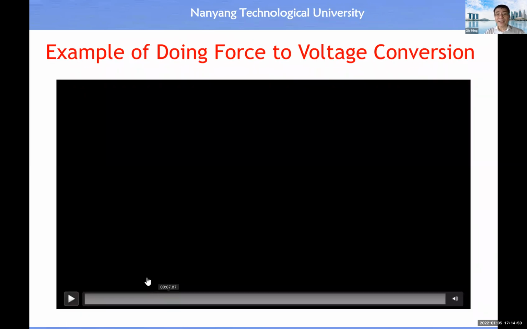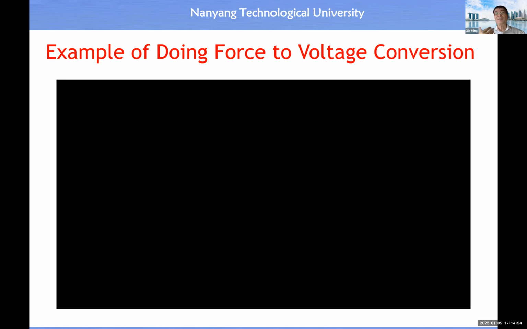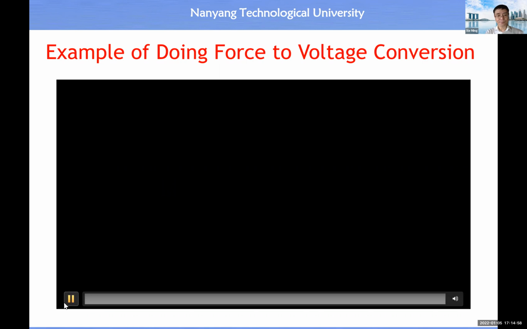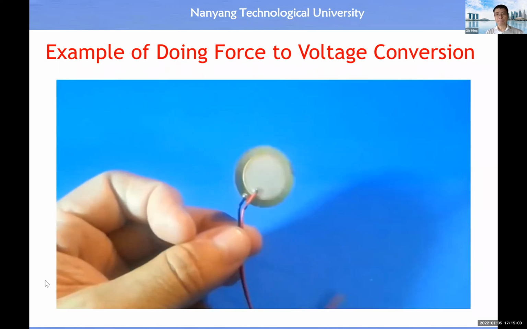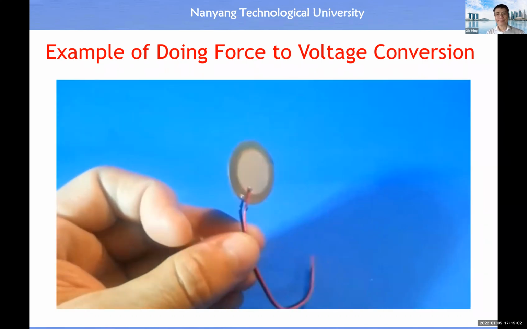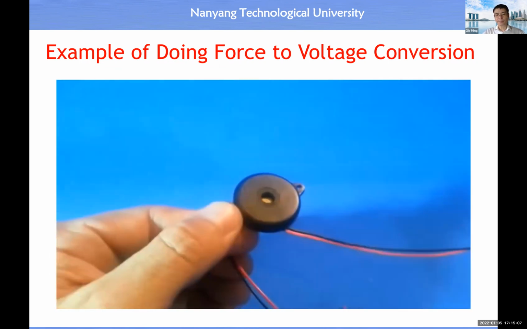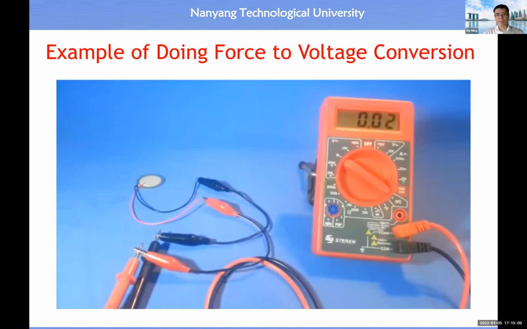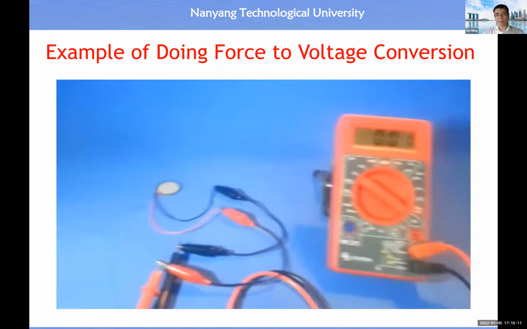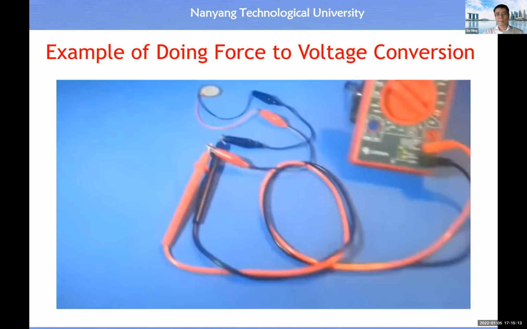And this video basically shows you the use of such a device in practice. This is a piezoelectric element that we obtained from a buzzer like this. Here we have the piezoelectric element connected to a voltage meter.